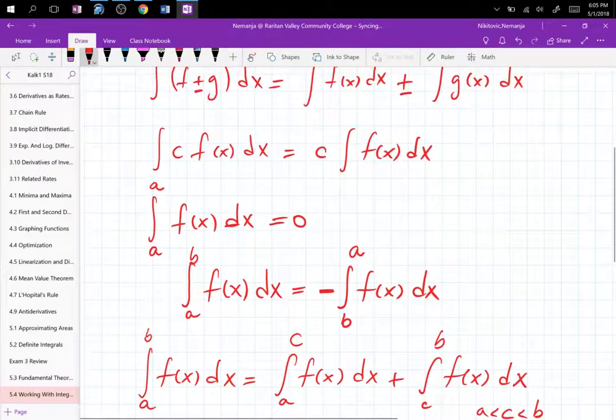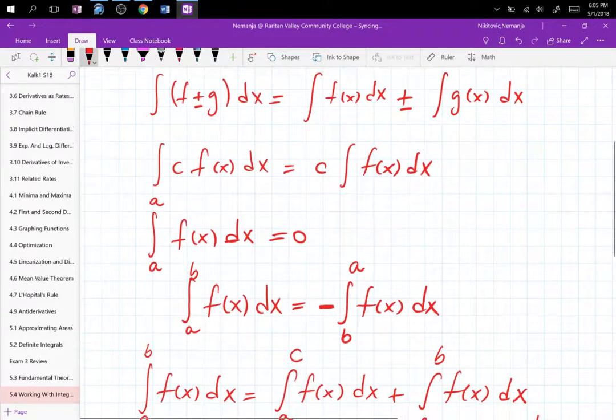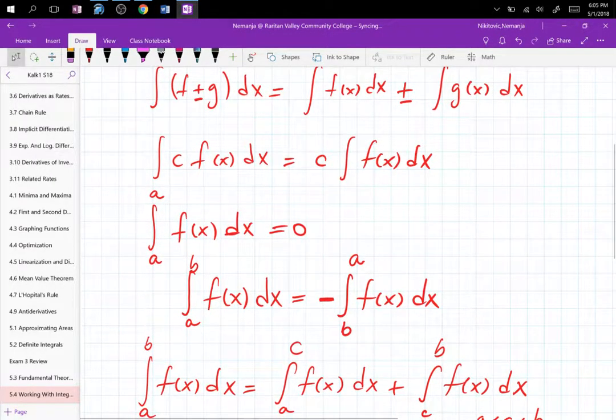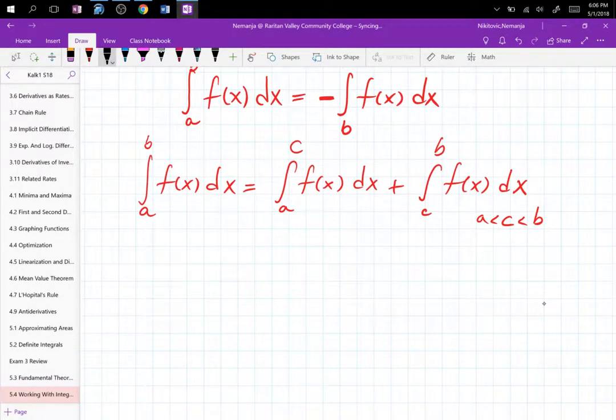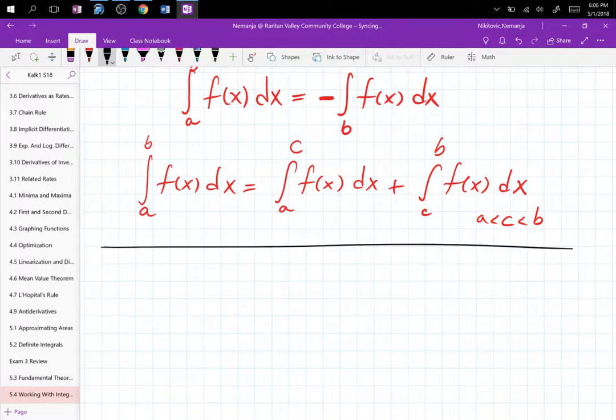So these are some formulas that are with us since we started integration in 4.9, and these are just general formulas. Now we're going to learn two formulas that might be very, very useful much later on in mathematics. I'm talking graduate school. Certain calculations in mathematics are very, very lengthy.